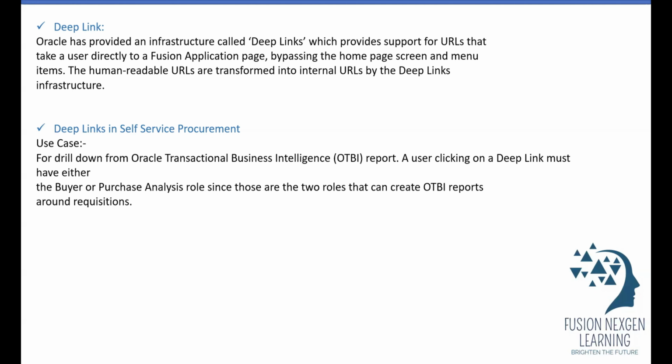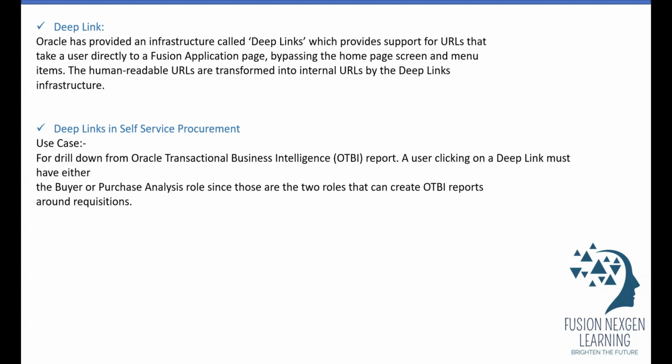So now our use case is a drill down from Oracle Transactional Business Intelligence. We are going to enable the deep link, the hyperlink, within the OTBI reports, where the user clicks on a deep link. In order to open the URL or to view, they must have the data access.